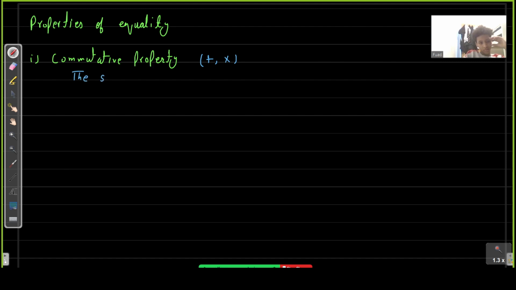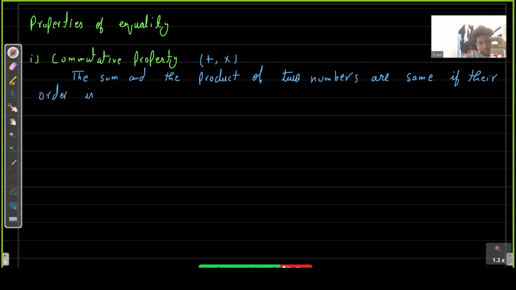The sum and the product of two numbers is the same if their order is changed. If we change the order of two numbers, the answer will remain the same.